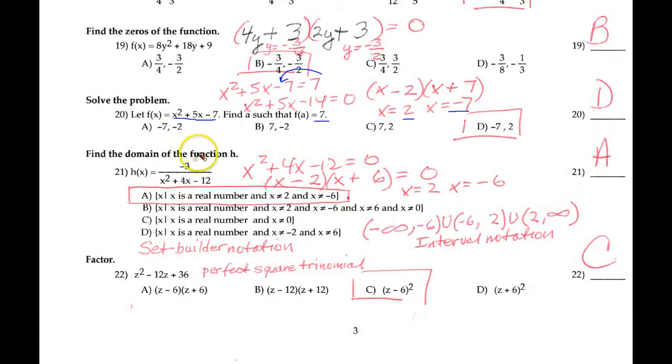Now, to find the domain of function h, we're looking at what values in our denominator would make it 0. So we just take our denominator, equal it to 0, factor it.